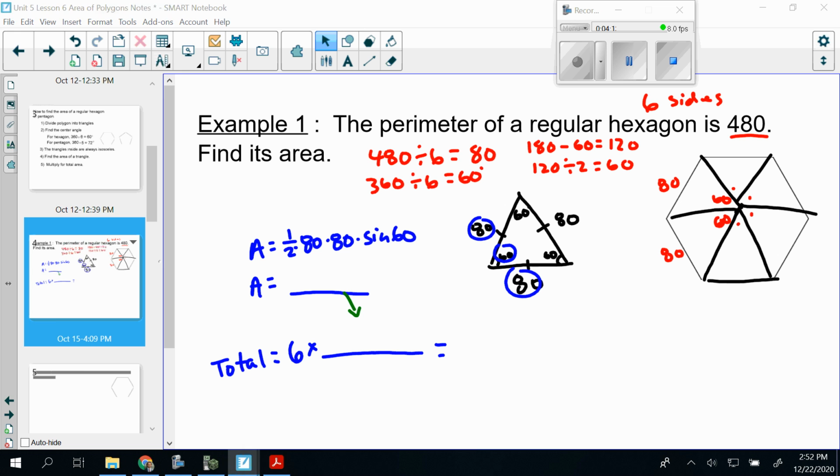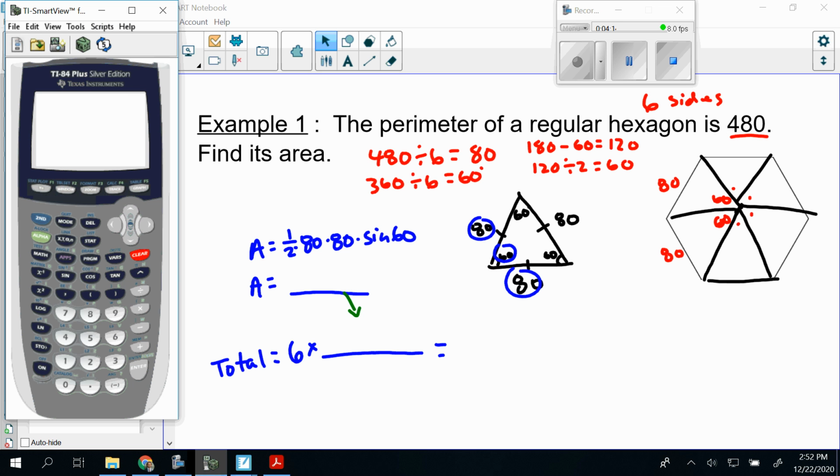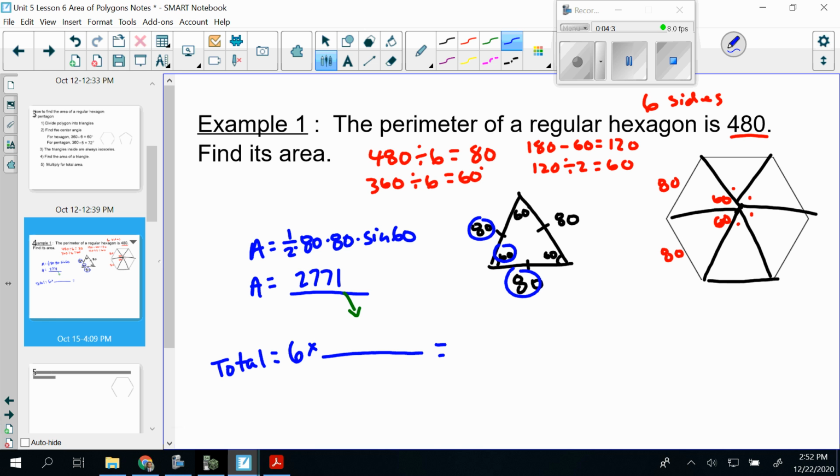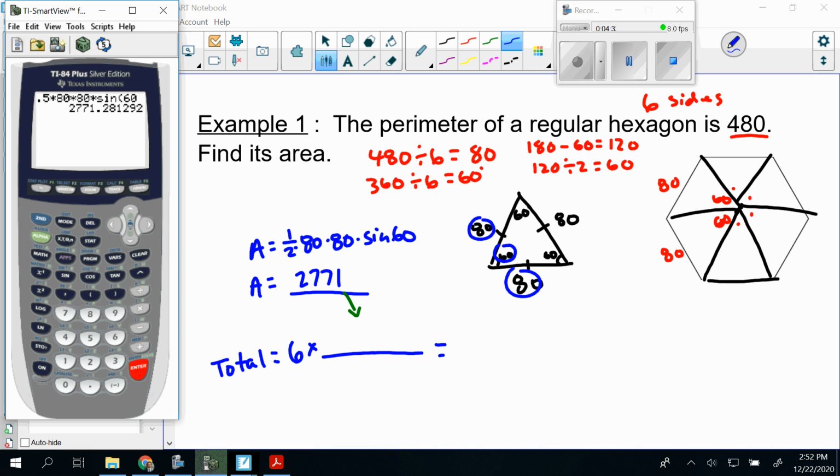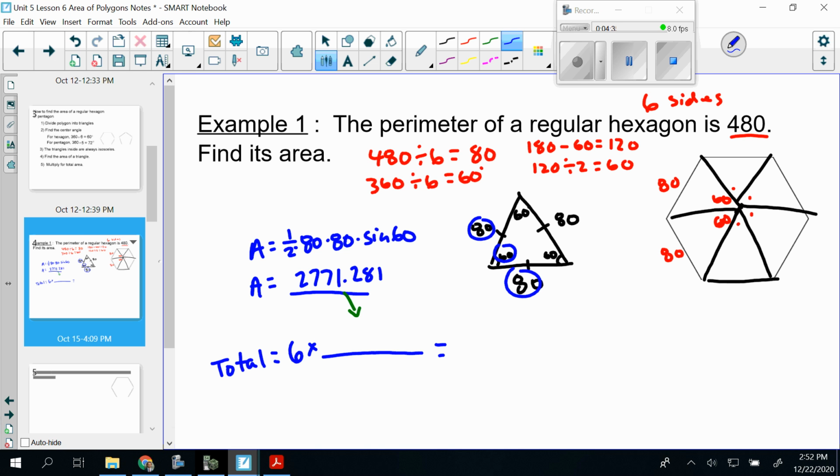Let's find out what that is. So if we do 0.5 times 80 times another 80 times sine 60, this will be the area of one triangle. So we get 2771.281. And now times that by 6 to get the total.